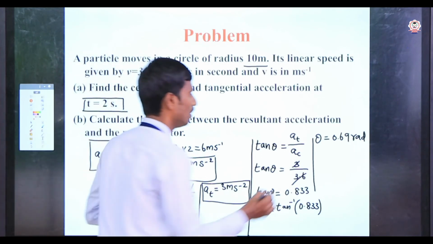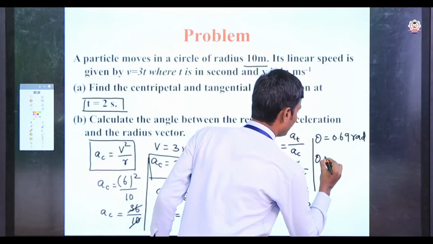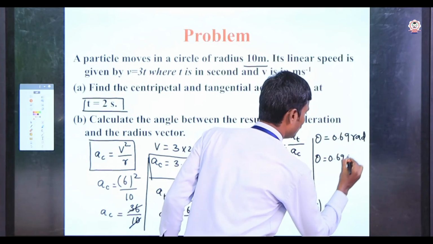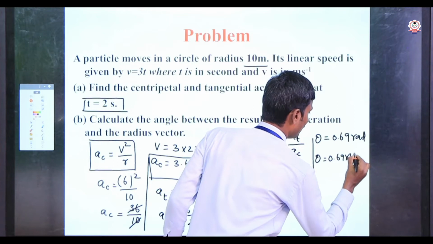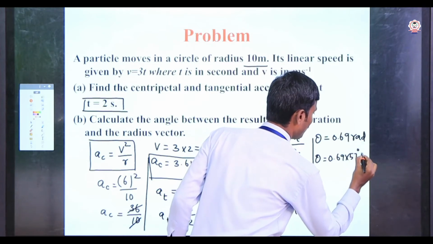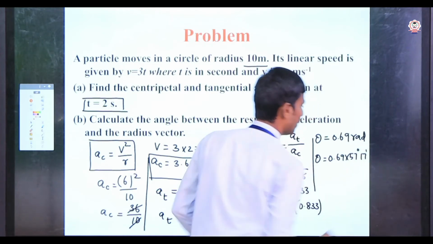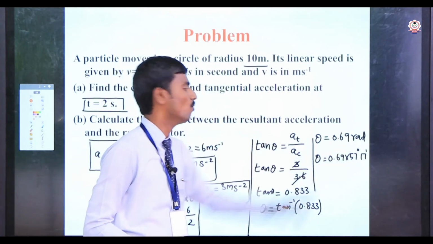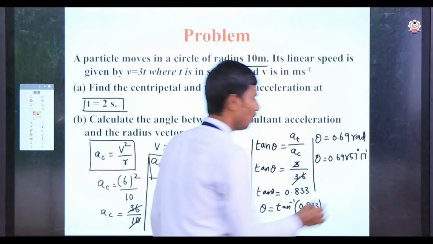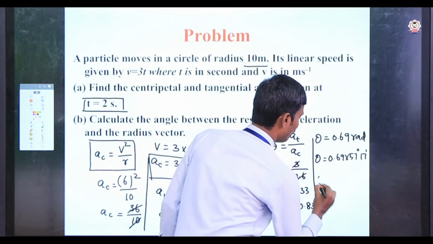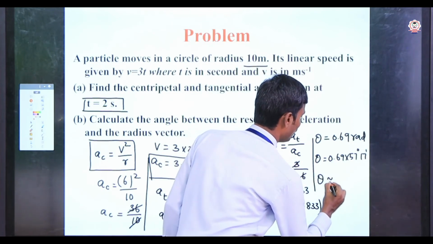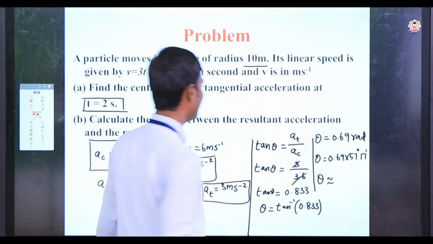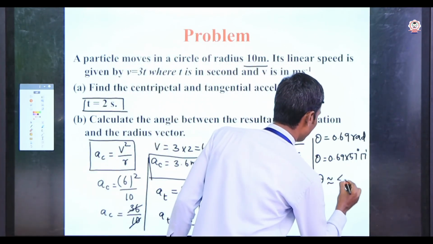So theta equal to 0.69 into 57 degree 17 minutes. Now multiply these two values, finally we get theta nearly equal to 40 degree.